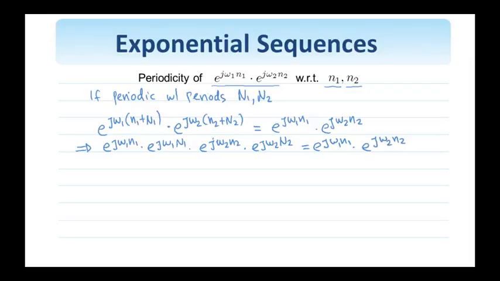Now this cancels out with this, and this one cancels out with this. Therefore, what I'm left with is that this should hold true.